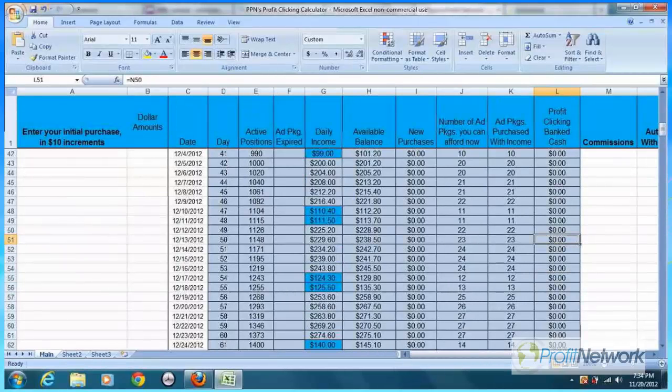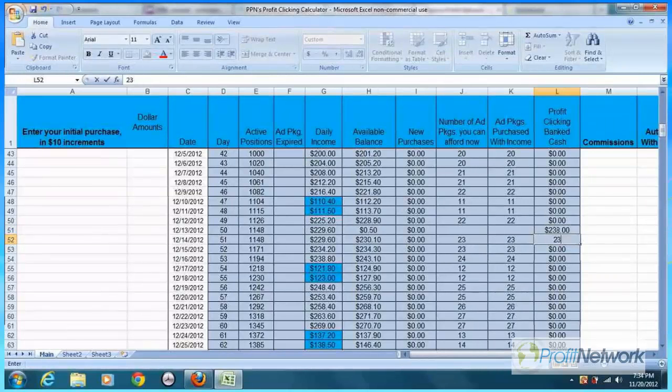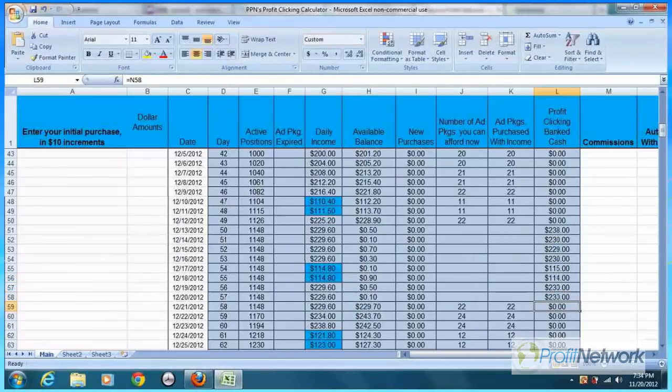So right here, the available balance. What I'm going to do right here is, instead of repurchasing every day, I'm going to start letting my account just accumulate for the next 50 days up until the next profit shift. 229, 229.